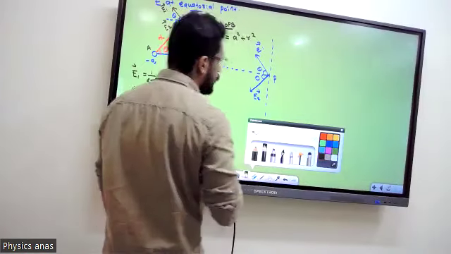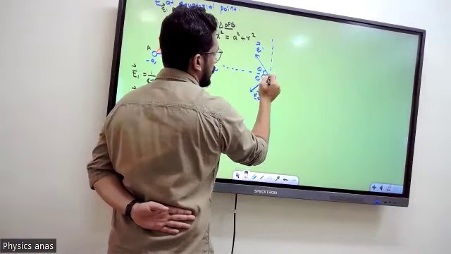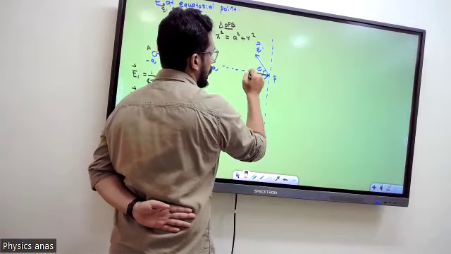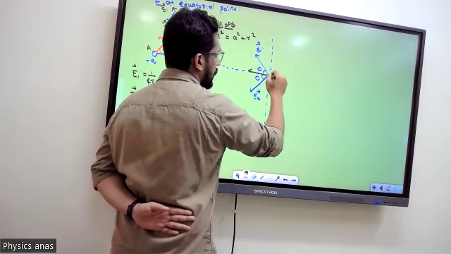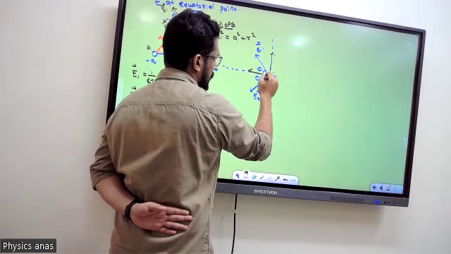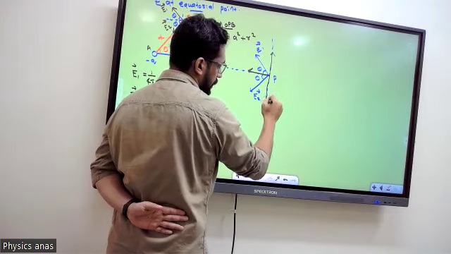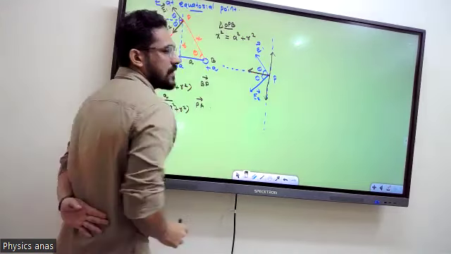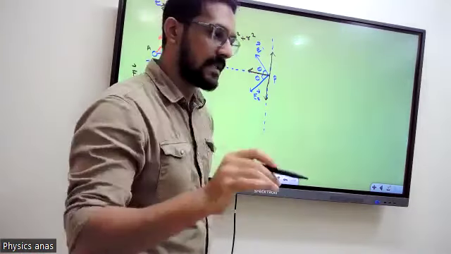I will get two vectors. One vector here, from P to this point, and one vector here, from P to this point. The vector that is close to theta is the component cos theta.